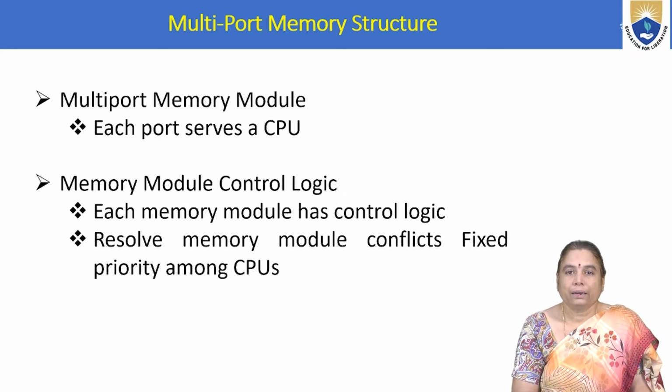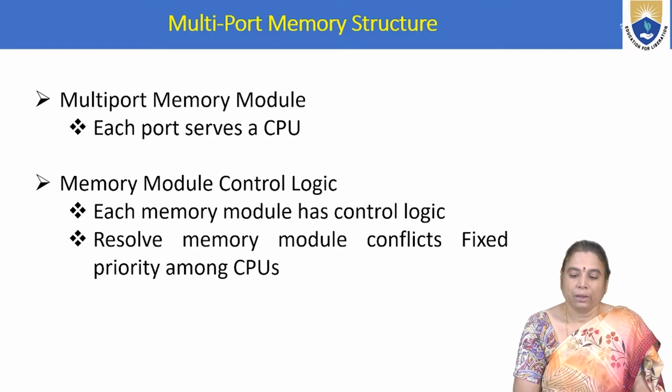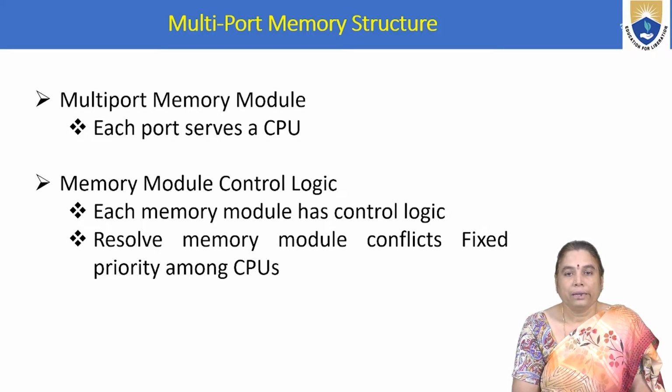The second interconnection structure is the multi-port memory structure. So it has multiple memory modules. Each port serves as a CPU. Here multiple ports are employed. The port can be a CPU and various memory modules are connected to these ports. Memory module control logic can be used.